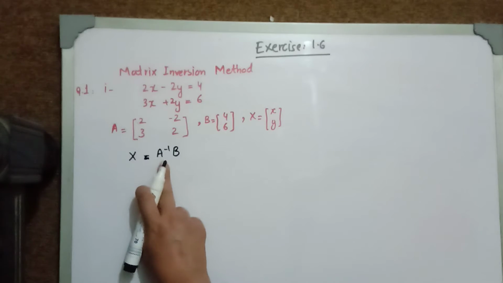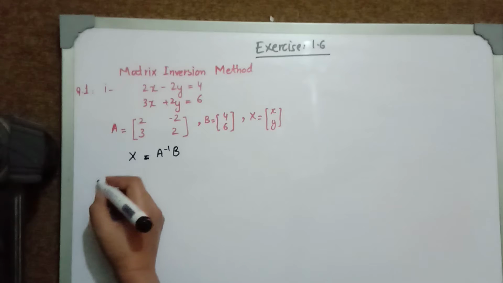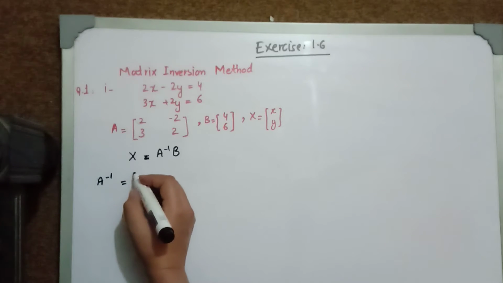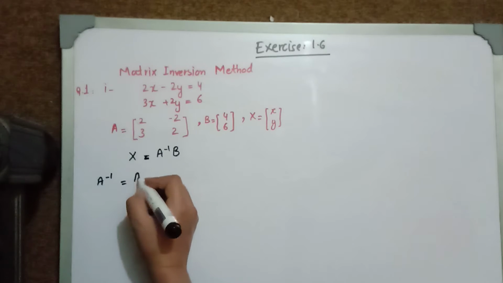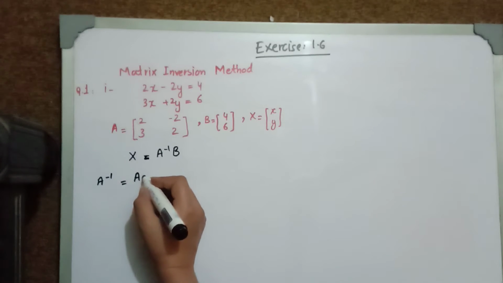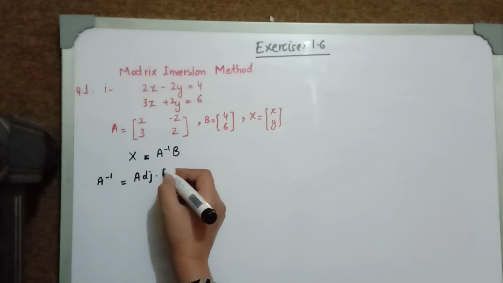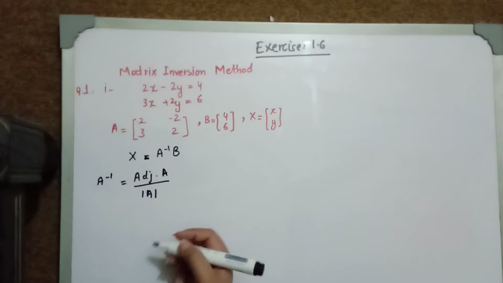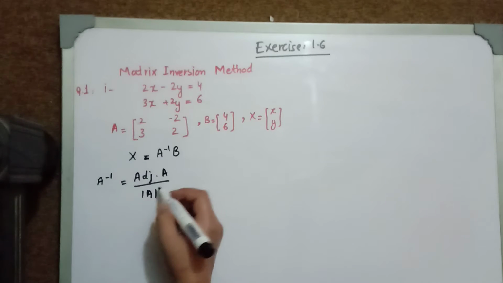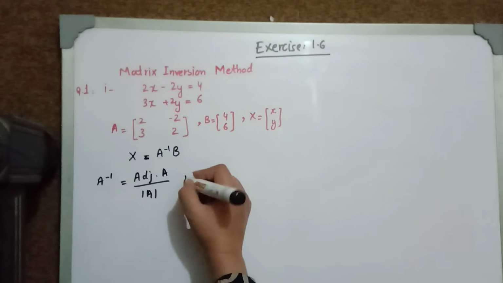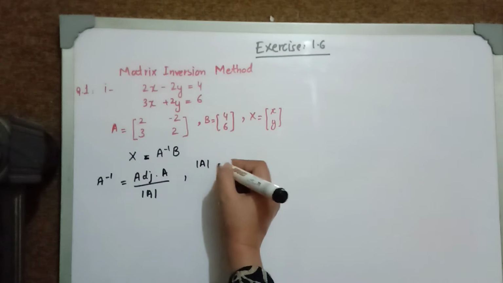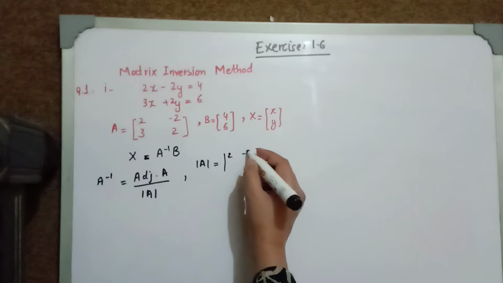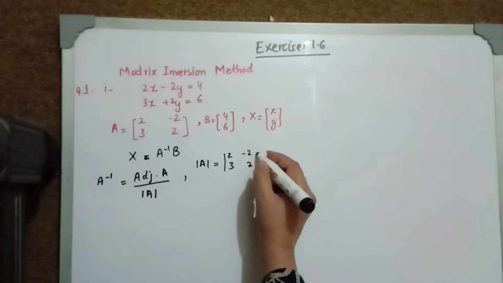And you can see, firstly, we need to find the inverse of A. To find the inverse, as we have done previously, the formula for inverse is the adjoint of that matrix divided by the determinant of that matrix, right? So let's first find the determinant of A. This is our matrix A, so I'm going to write it here, 3, 2.